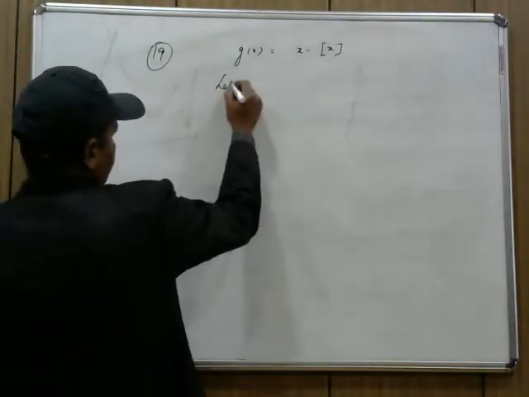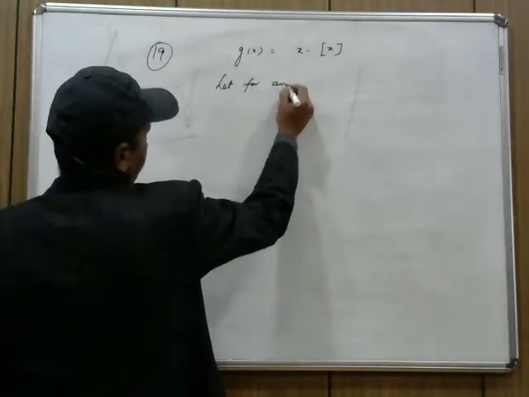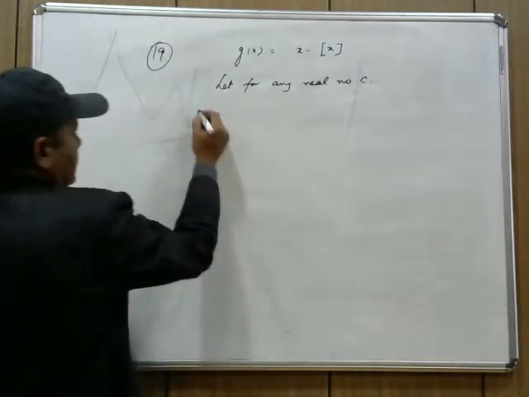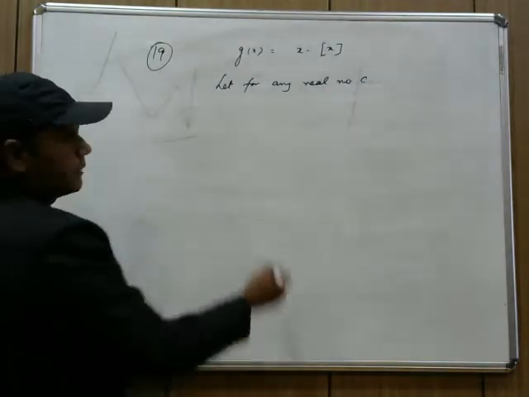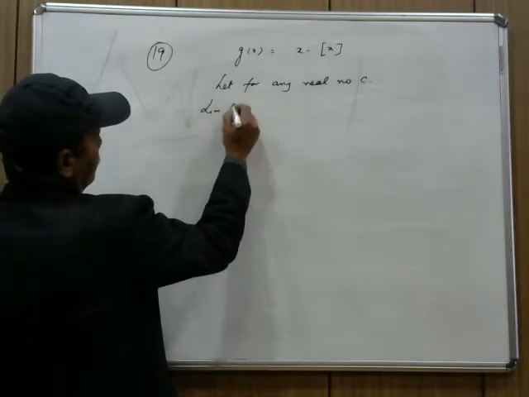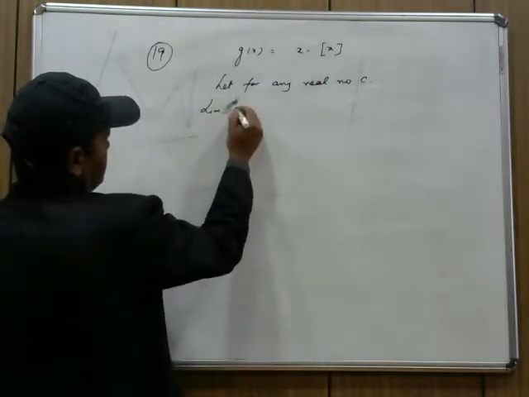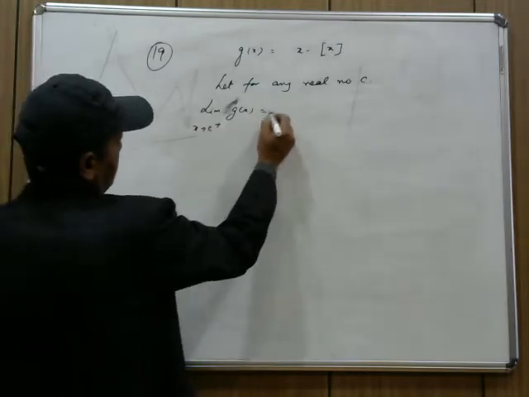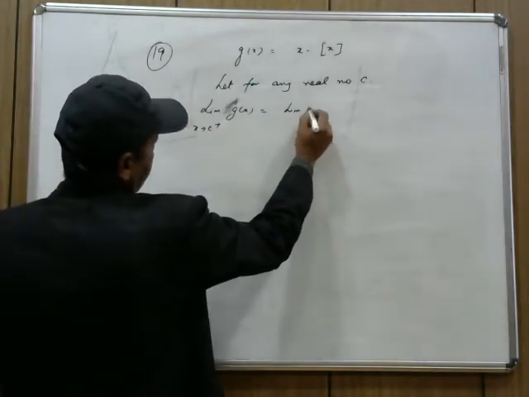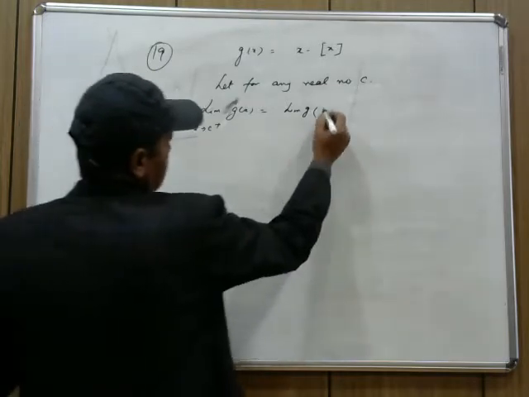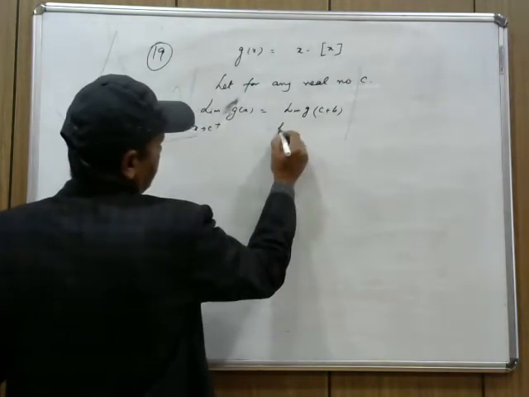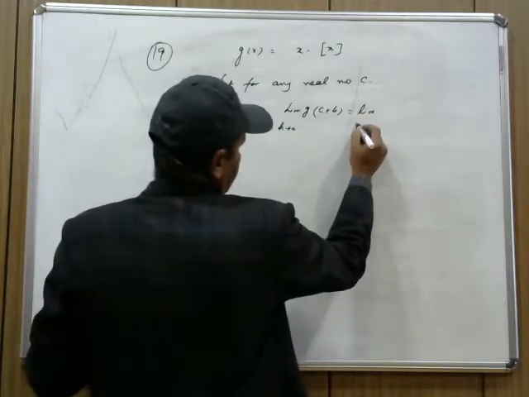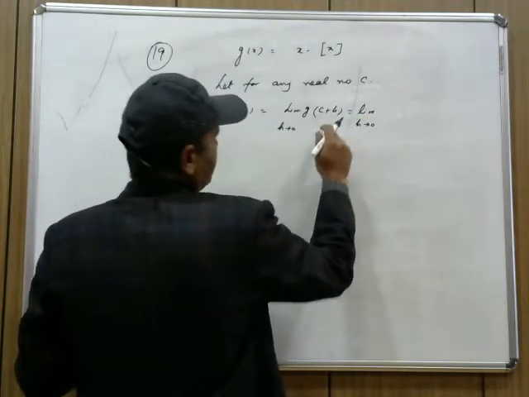We will select any real number c, right? I will find out now the left hand limit and right hand limit. Limit of g of x as x tends to c plus, it is limit of g of c plus h, I will write here c plus h, h tends to 0.